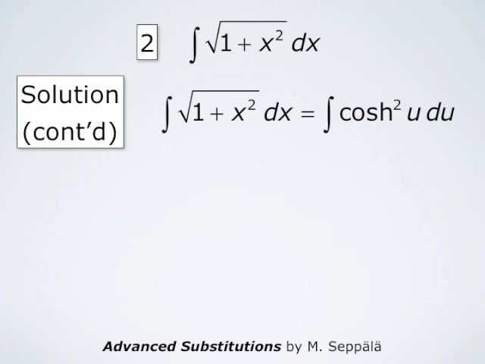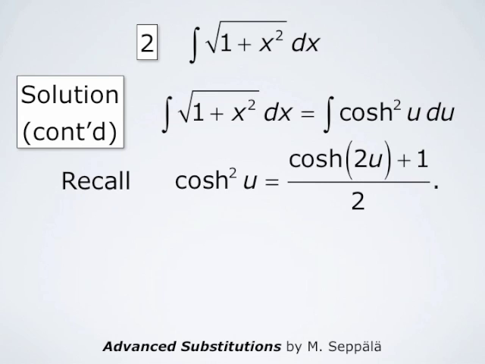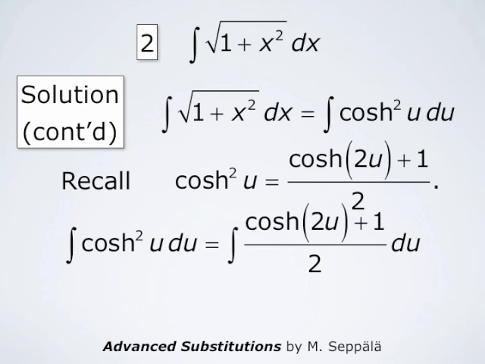To compute this last integral, we recall that hyperbolic cosine squared of u is hyperbolic cosine at 2 times u plus 1 divided by 2. This is the double angle formula for the hyperbolic cosine function. Therefore, the integral of hyperbolic cosine squared of u du is the integral of hyperbolic cosine at 2 times u plus 1 divided by 2 du.